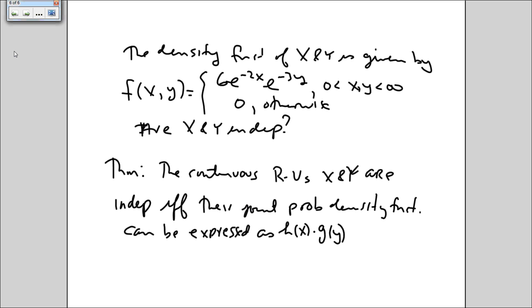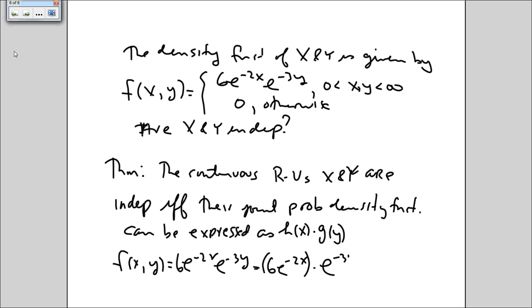Now, f of x, y is equal to 6e to the negative 2x e to the negative 3y. Clearly, I can write it as a function of x times a function of y.